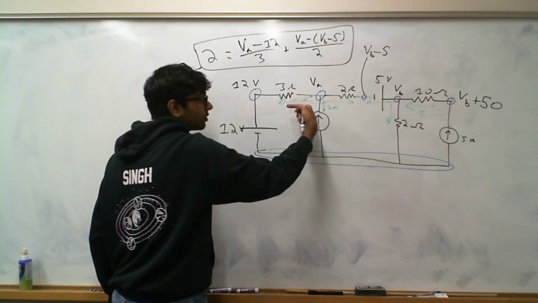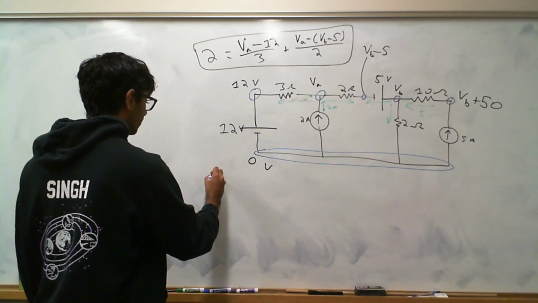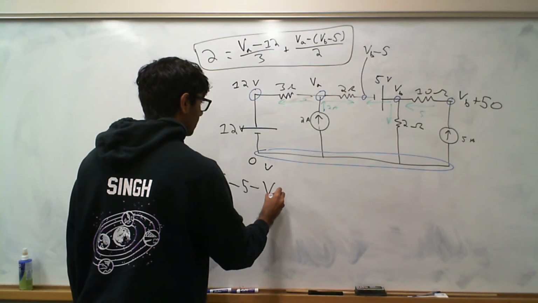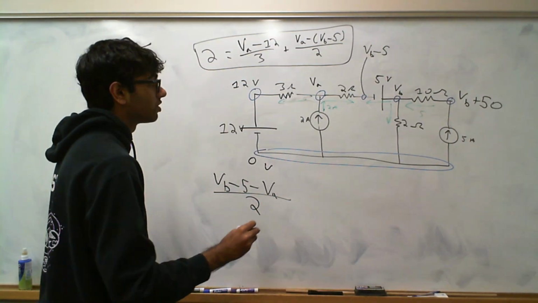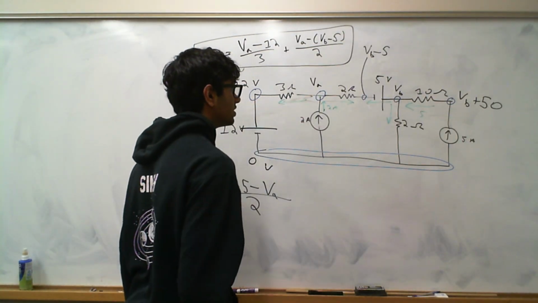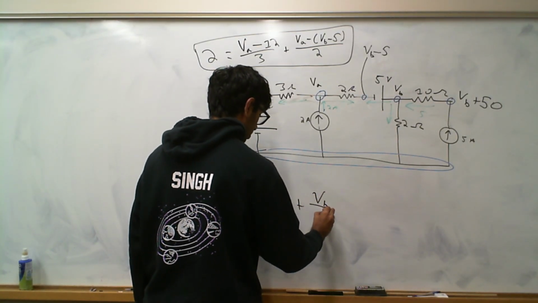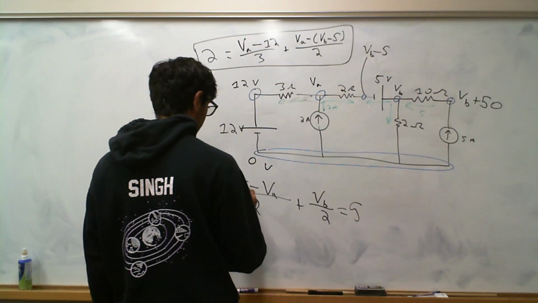That's the current in this direction, right? Before minus after over resistance. So VB minus 5 minus VA over the resistance, which is 2, plus, down here that's easy, VB over 2, equals 5. Okay?